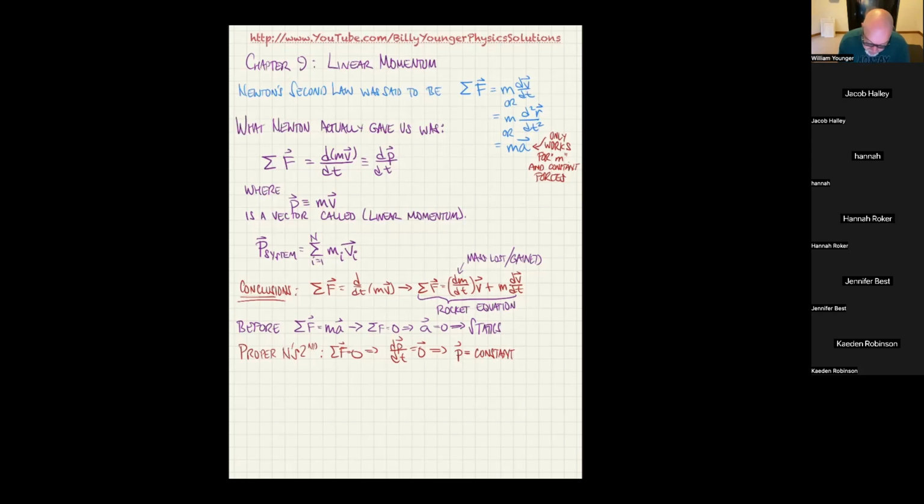I'm just going to write it like this: conservation of linear momentum. So that's the condition under which momentum is conserved, and that can come in handy. In fact, there's a whole bunch of problems you can solve that way by using conservation of linear momentum.